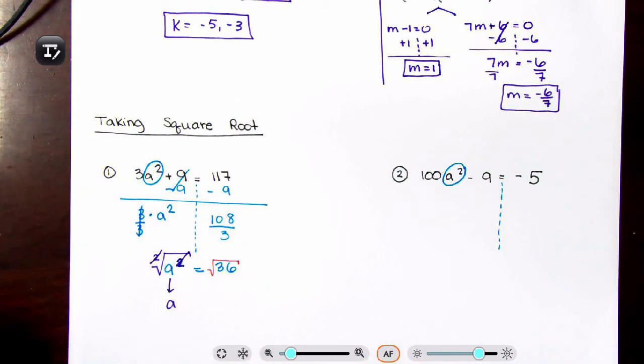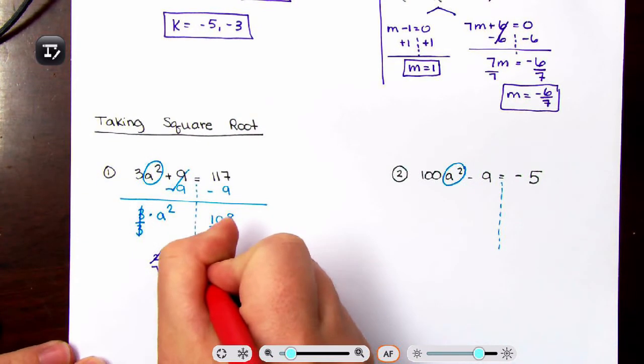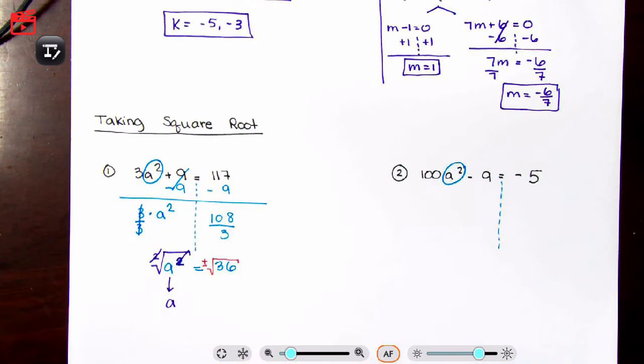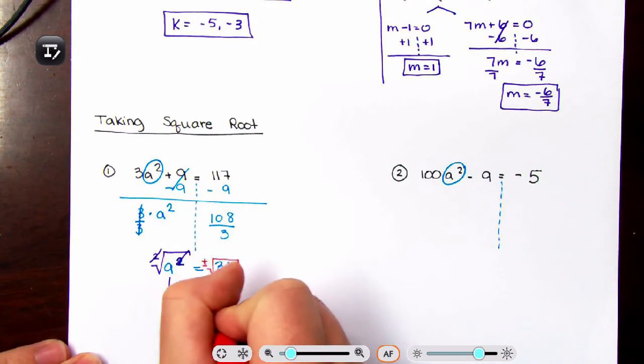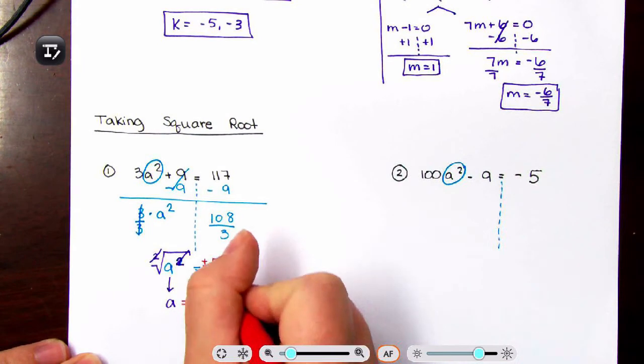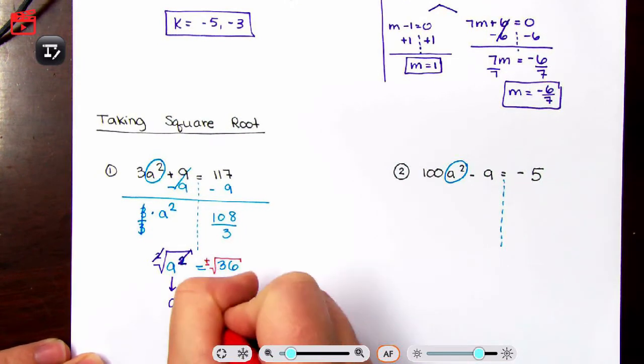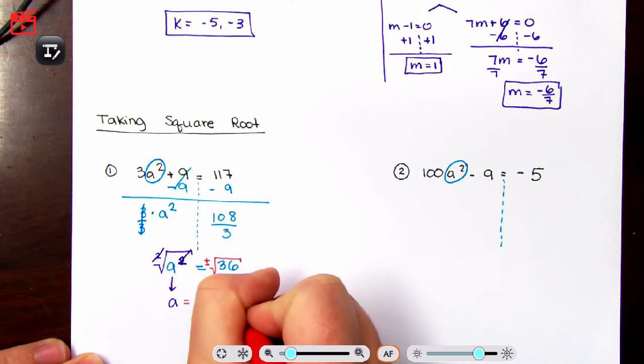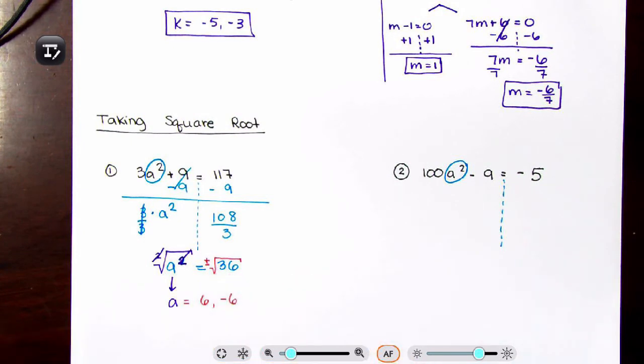However, on the right-hand side here, we're going to add a plus or a minus because I know that I can have 6 times 6 to equal 36, and I can have a negative 6 times a negative 6 to equal 36. Anytime you are solving an equation and you are taking a square root, there has to be a plus and a minus with that square root.